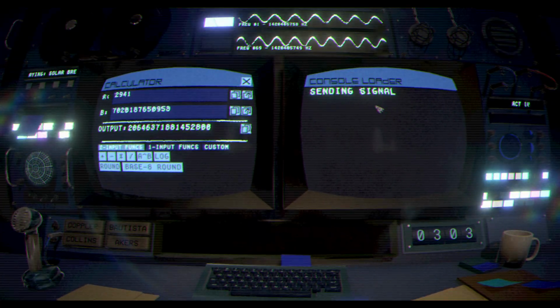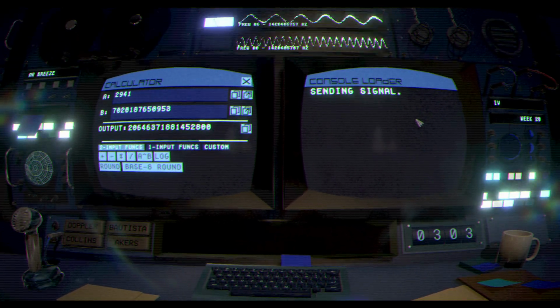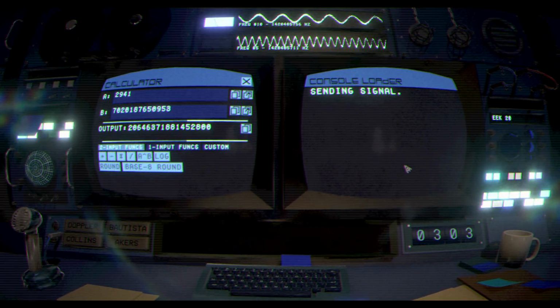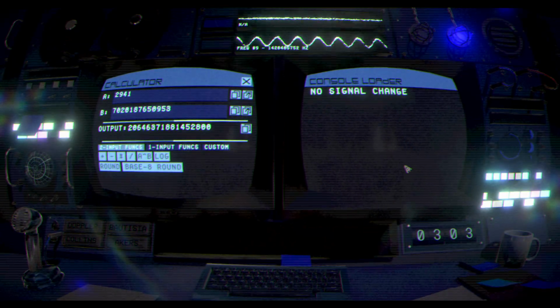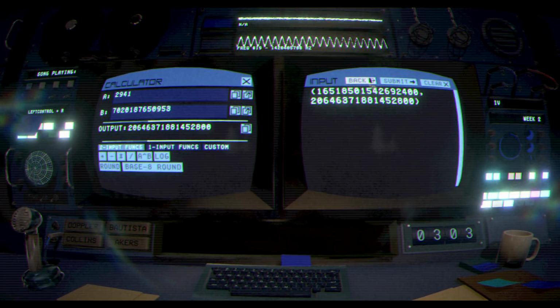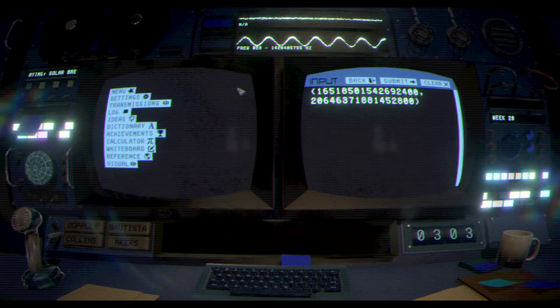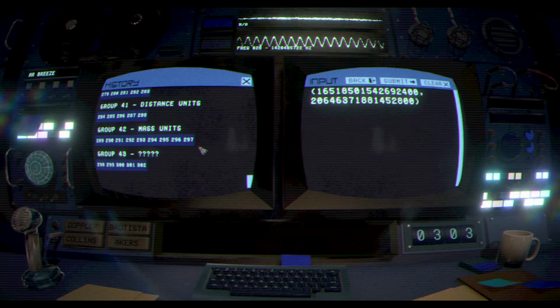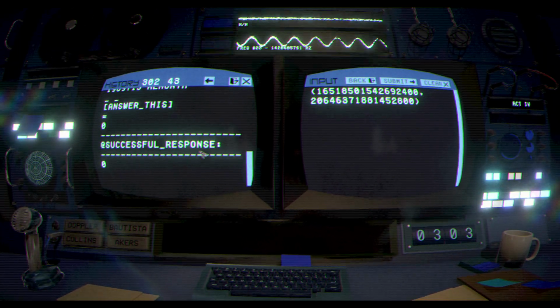It's very, very far. No signal change. I could have sworn I was doing it right, though. Why would you give it to us in the previous transmission if that's not correct?